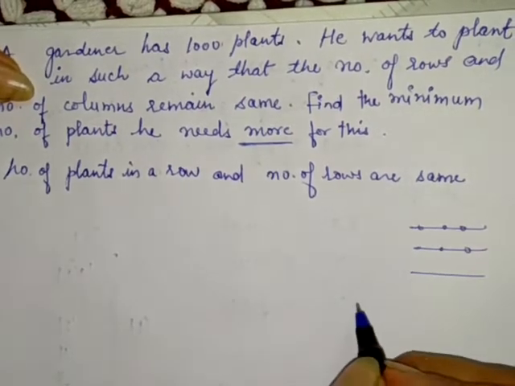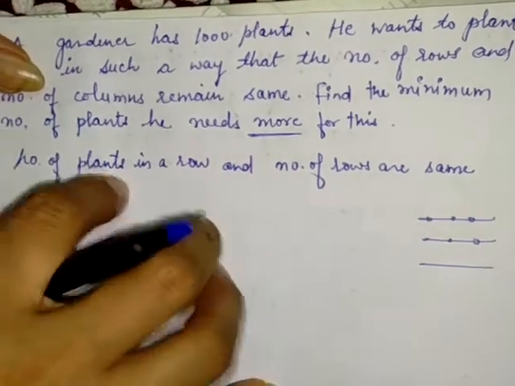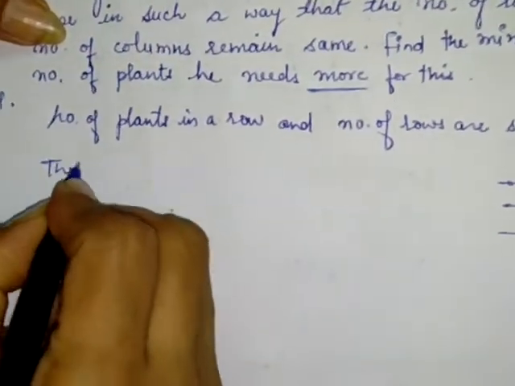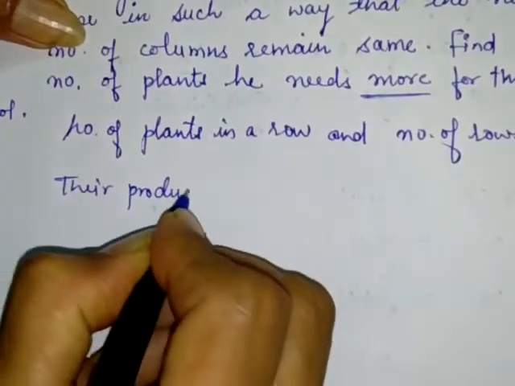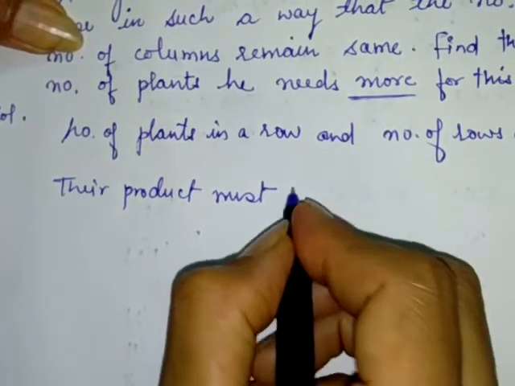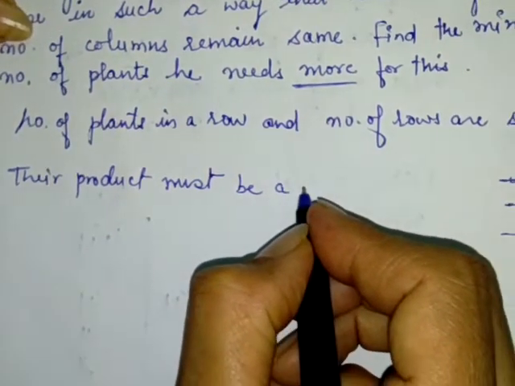So when a number is multiplied by itself, it is a perfect square. So the number of plants in the arrangement is a perfect square. So their product must be a perfect square. And I just told you that it is not a perfect square, so something must be added.